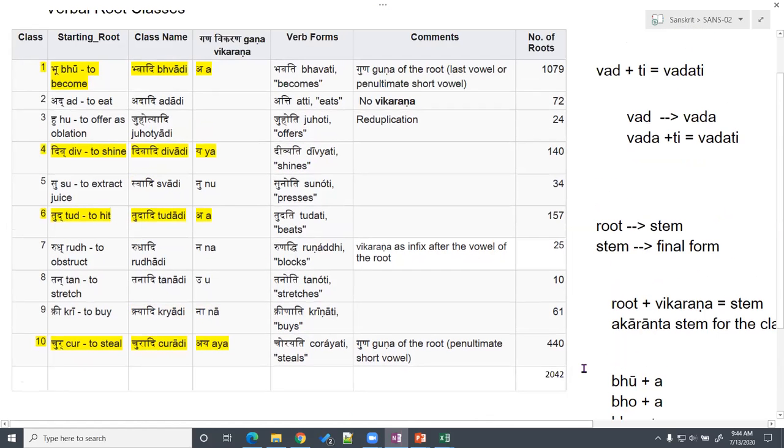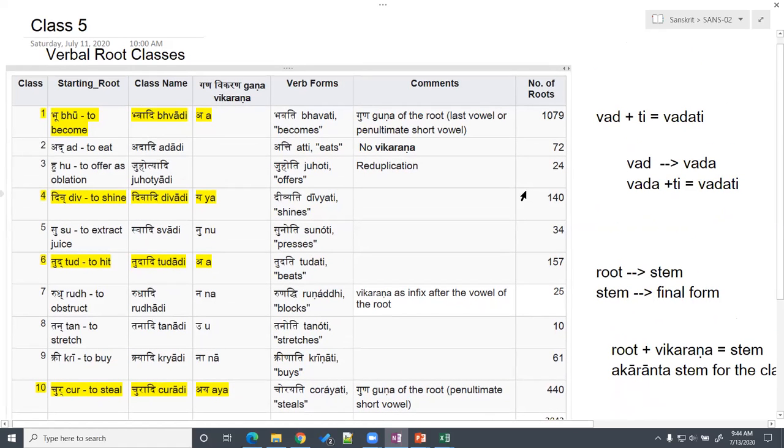So this is the important part. You just understand how to make the stem, and you are on your way to make a good number of verb forms. So in these 4 classes, making the stem is easy. That is one thing. Once the stem is made, generating the final forms is very easy because it ends in akara. In other classes, the process is a little bit more complicated, and we will not cover that part, at least not now.